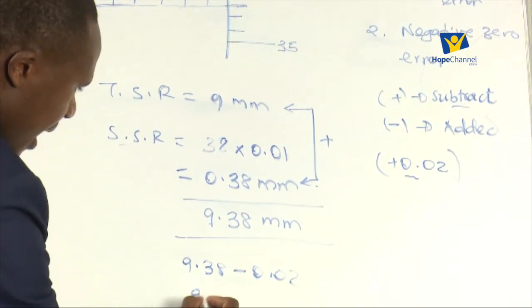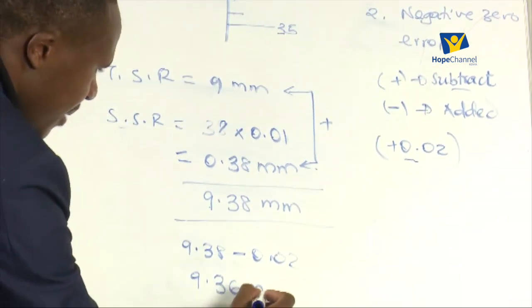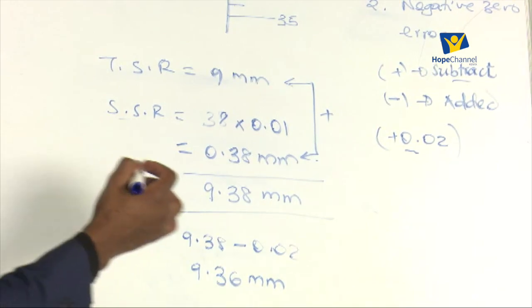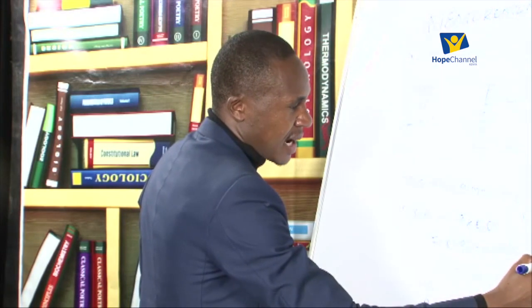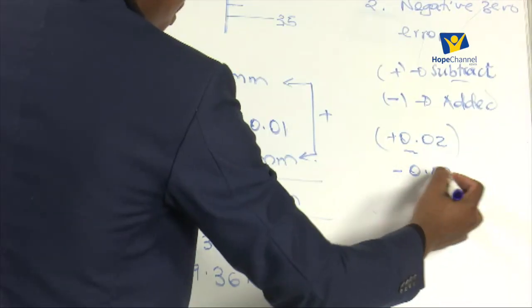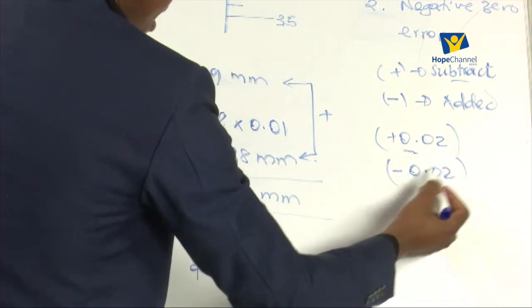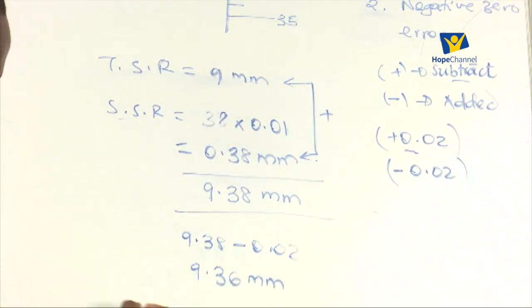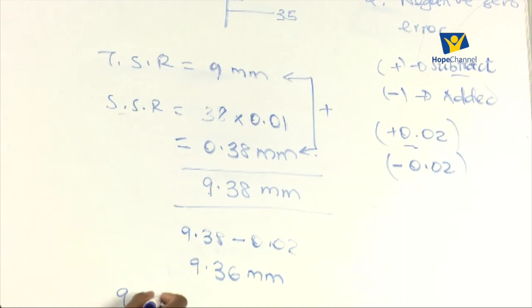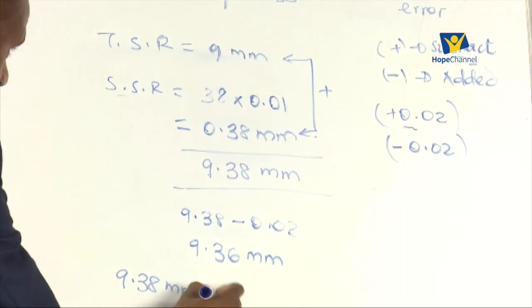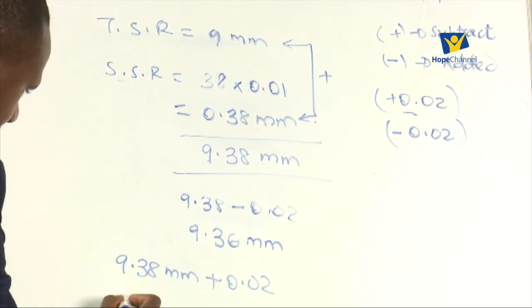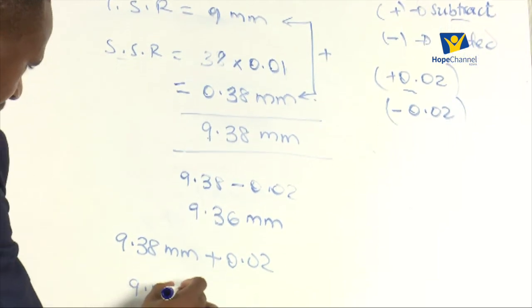This will be 9.36 millimeters. Now, if the same is known to have a negative error of 0.02, then for negative errors we add. We shall take the same reading. Now we have 9.38 millimeters plus 0.02. This gives us 9.40 millimeters.